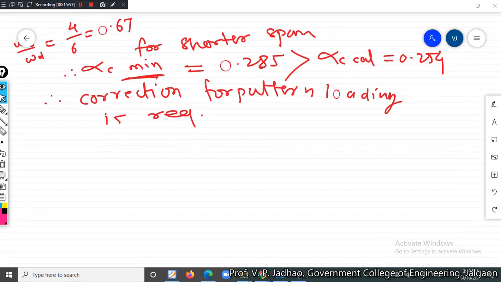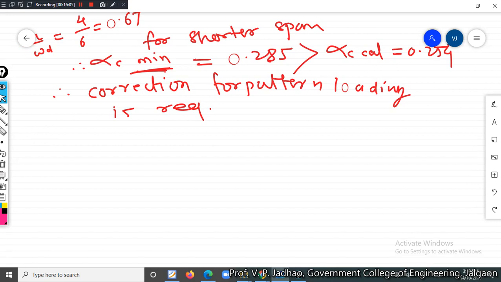Or correction factor or multiplication factor. Now let us consider step C, correction for pattern loading.